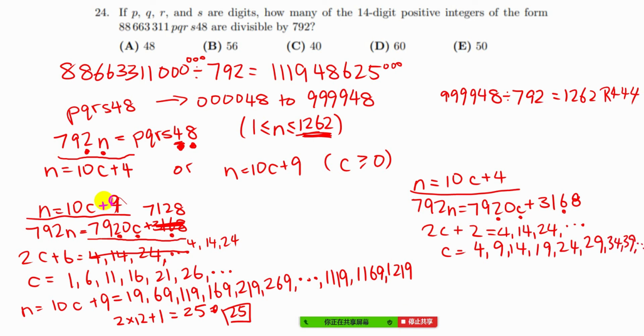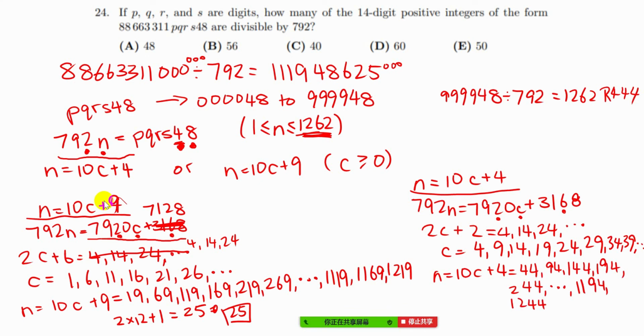And then because n equals 10c plus 4, then n would equal 44, 94, 144, 194, 244, all the way to 1194 and 1244.